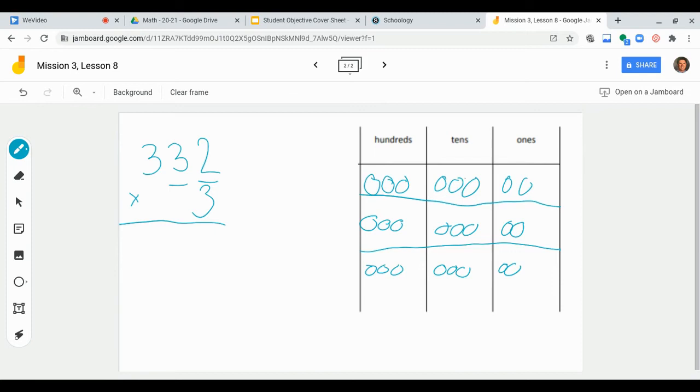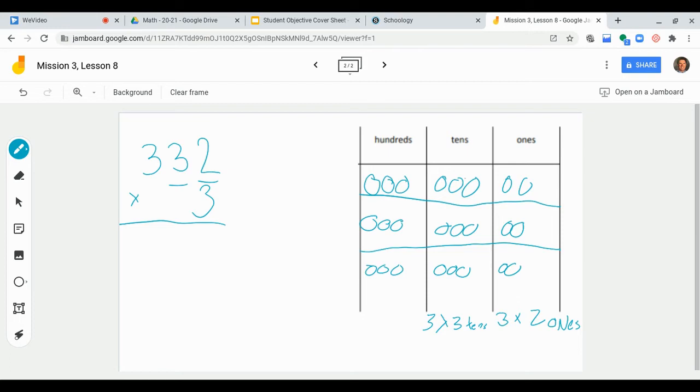All right, so I had 332, and I have that 3 times now. What I had here was 3 times 2, because I had 2 ones. 3 times 2 ones, and then here I did 3 times 3 tens.